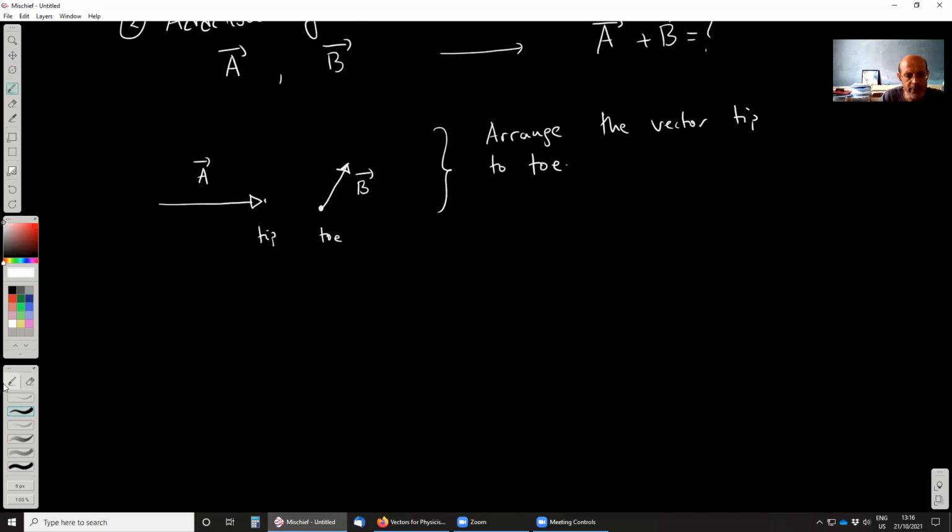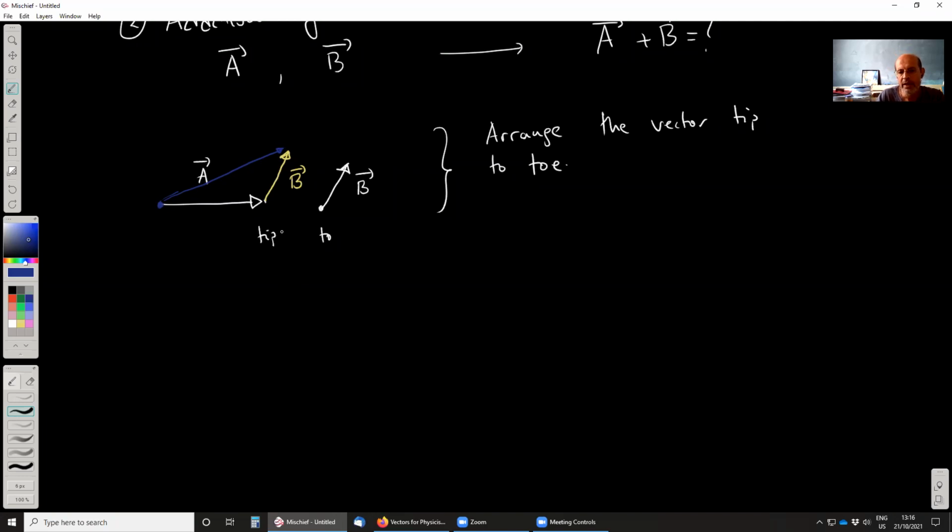So what I do is I shift this vector B so that it starts at the place where A is ending. Okay. And then I draw, let me use a blue color, the vector starting from the toe of the first vector and ending up at the tip of the last vector.